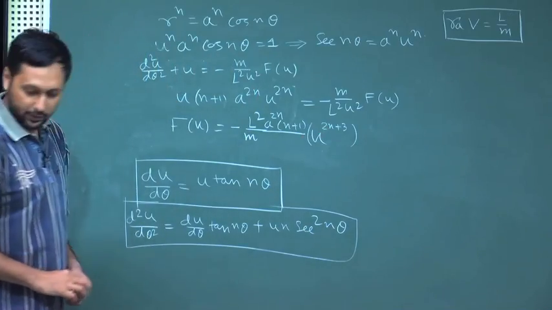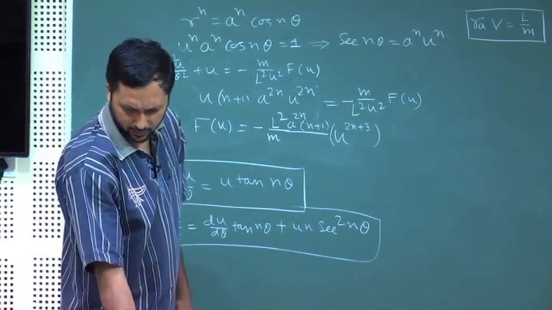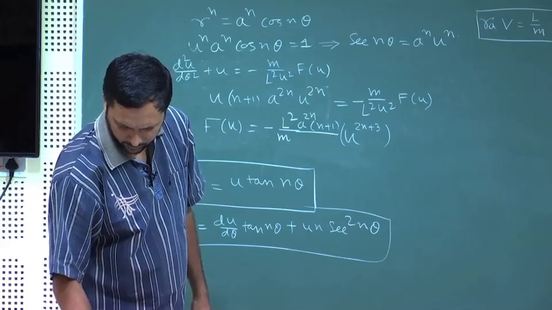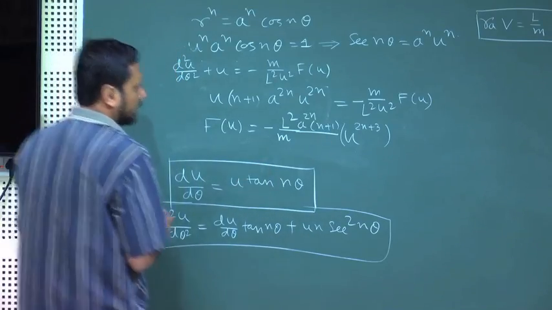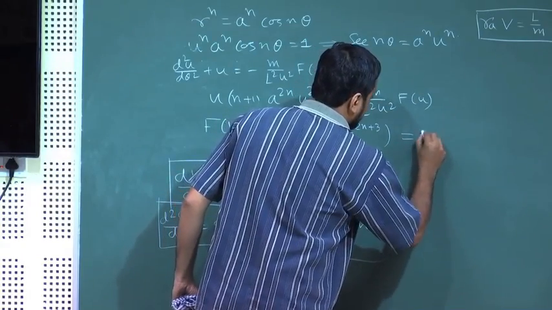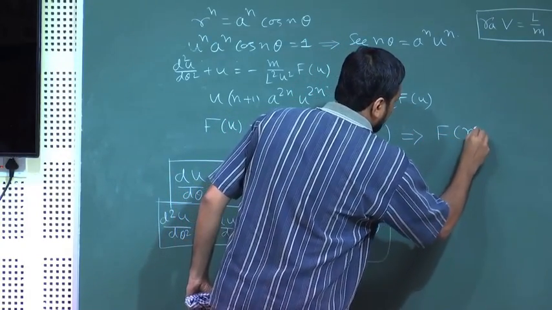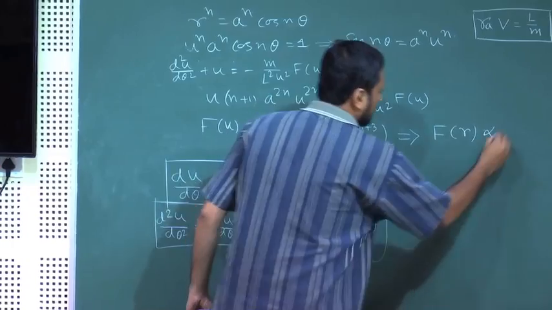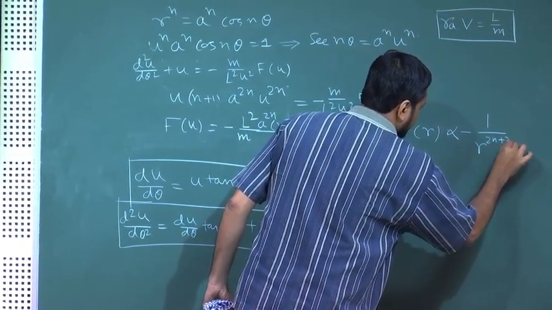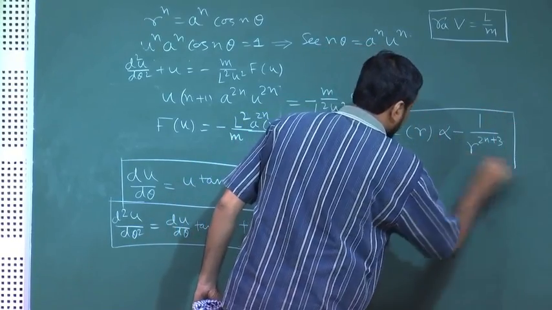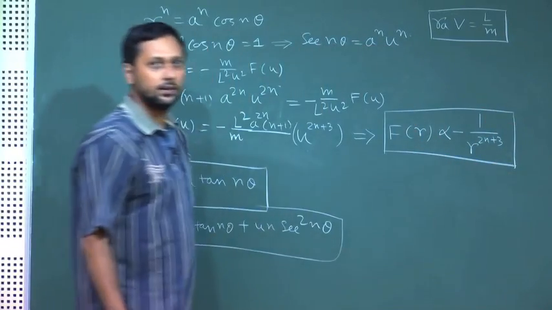So, that is my final expression, 2n plus 3. If this is my final expression, I can tell you that f of r is proportional to minus 1 by r to the power 2n plus 3. So, this is one answer we have.